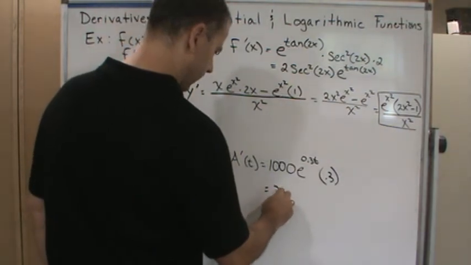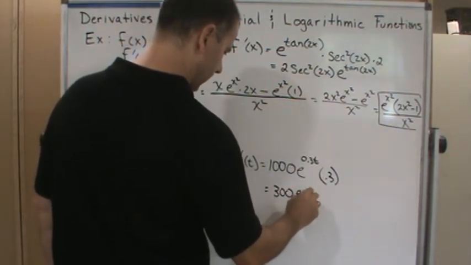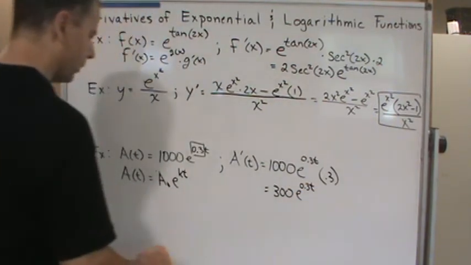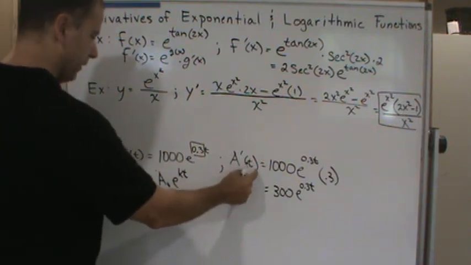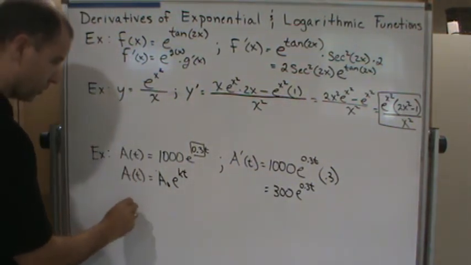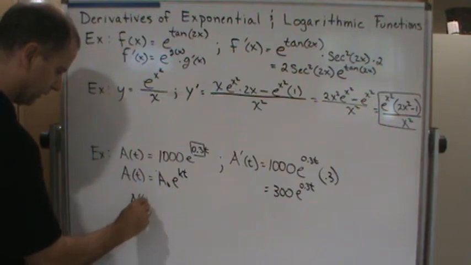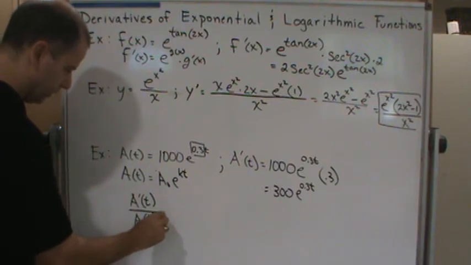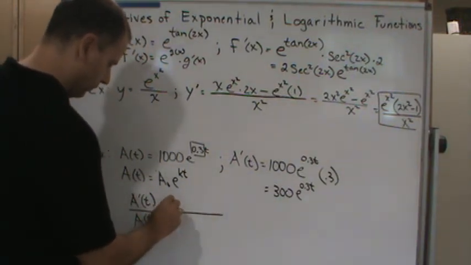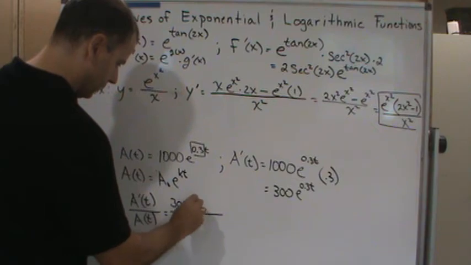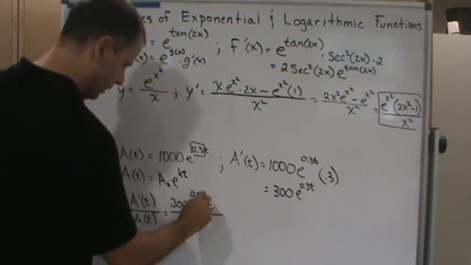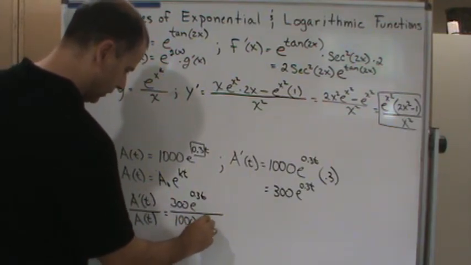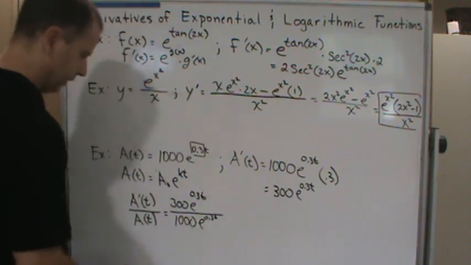So we're going to get 300 e to the 0.3t. And now we're going to take the ratio of this to this. So now we take A prime of t divided by A of t, which is then going to equal 300 e to the 0.3t divided by 1,000 times e to the 0.3t.